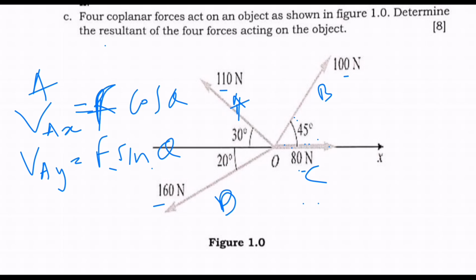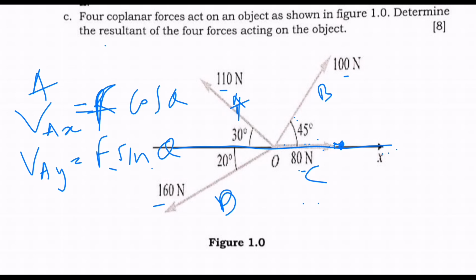The angle we use is measured anti-clockwise from the x direction. So the angle from the x axis, starting from x anti-clockwise, is the angle we are going to use. For example, here it is 45.